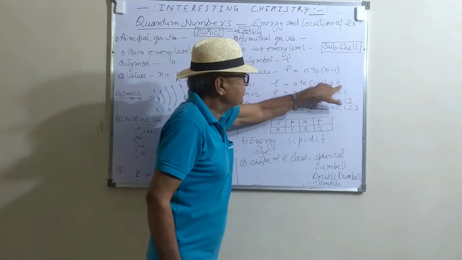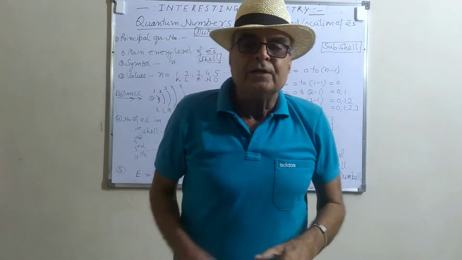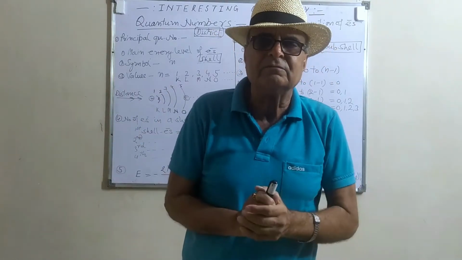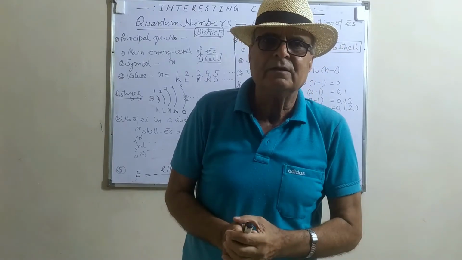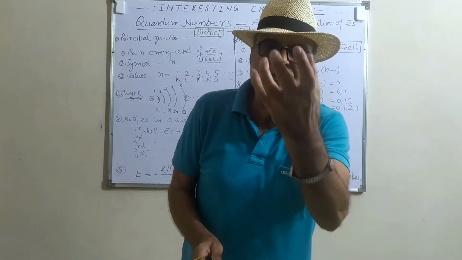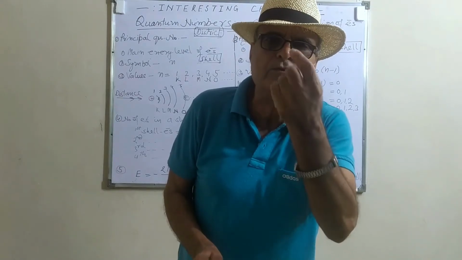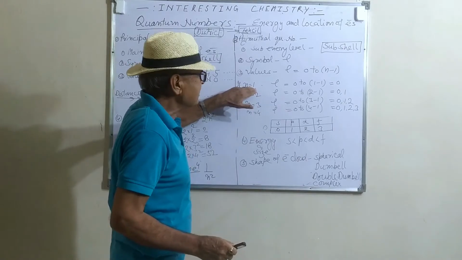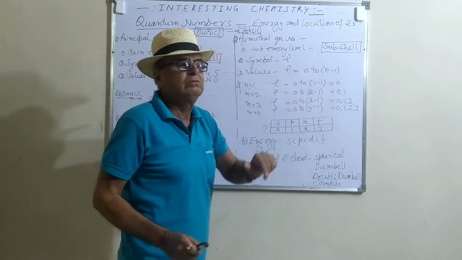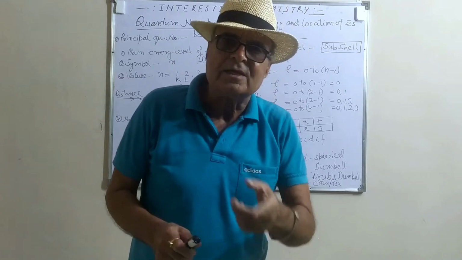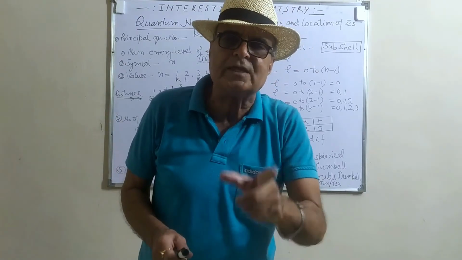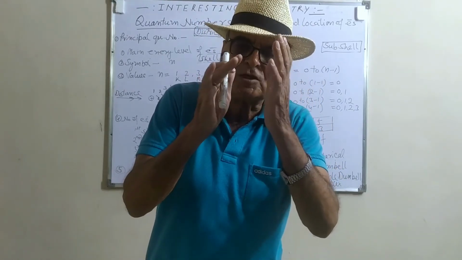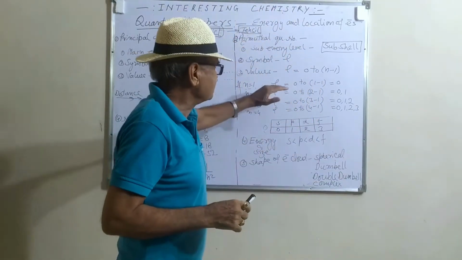It means L is equal to 0. Zero is not nil, it's an entity. It shows us that there is one subshell in this first orbit or the first shell.